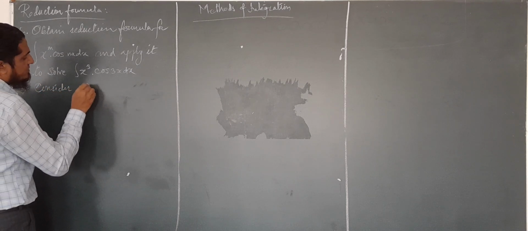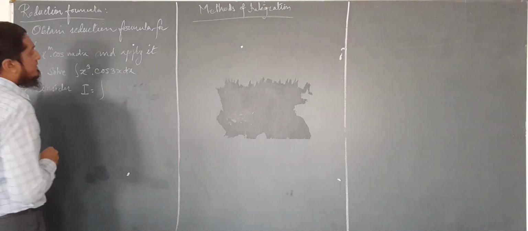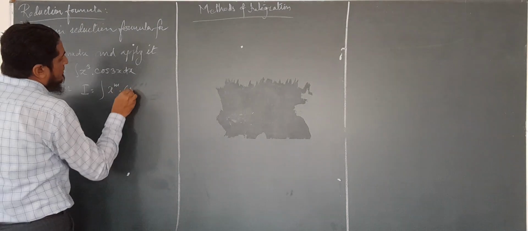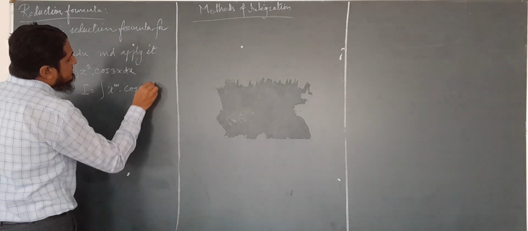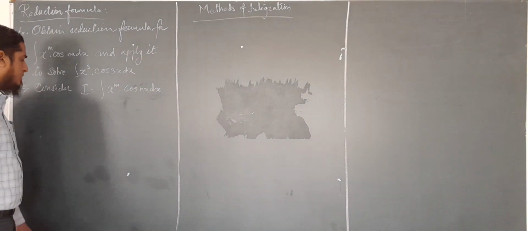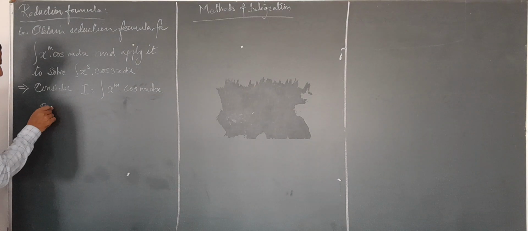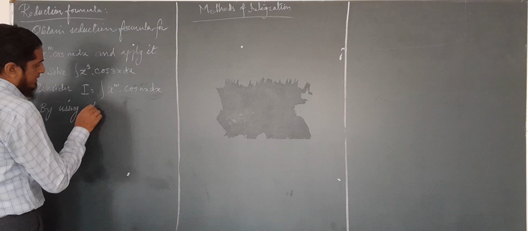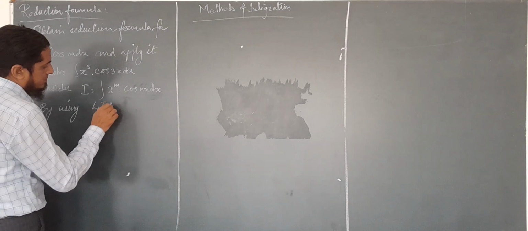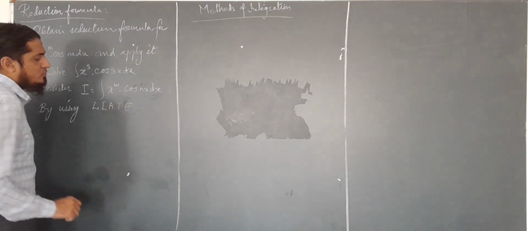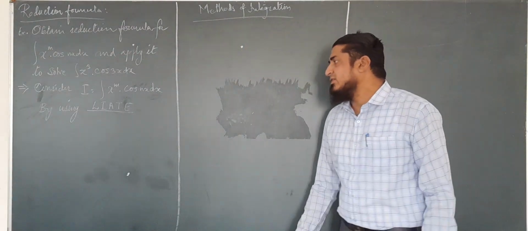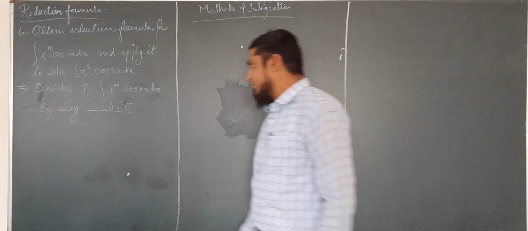ILATE. First of all, consider I equals integration of x raised to m cos nx dx. Now, using ILATE, we can decide the function u and the function v.